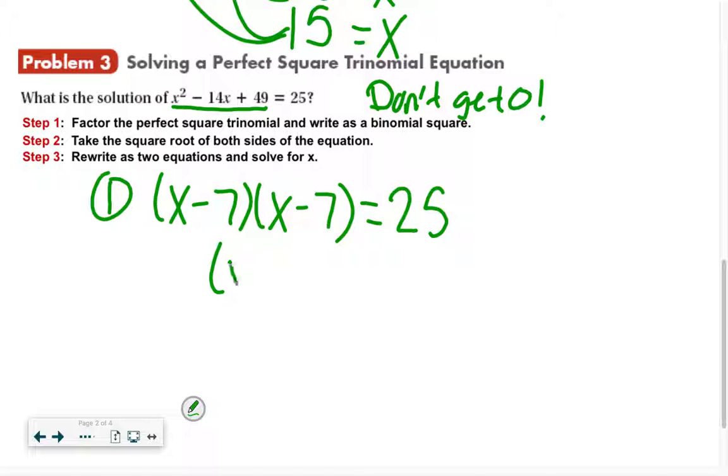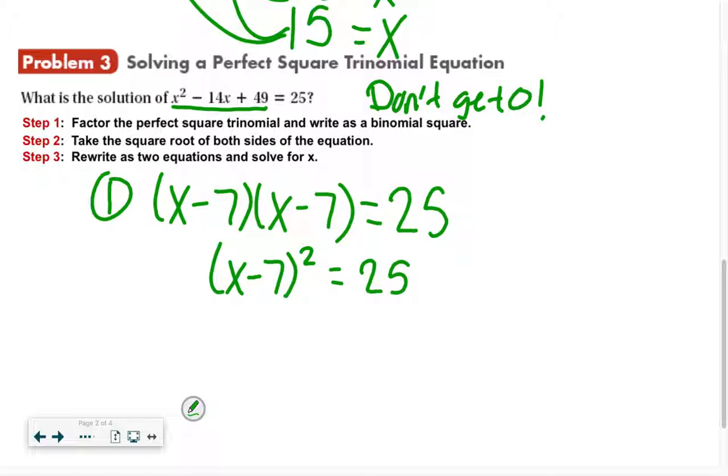So the proper way to write this is x minus 7 squared. You need to write it like that in this section. So it's still equal to 25. I didn't change anything. I just simplified the left-hand side. Questions so far? Well, no, we're not done. That's why I said so far.